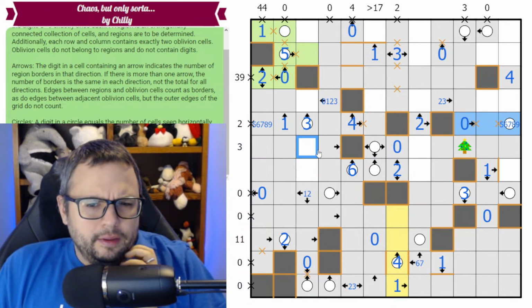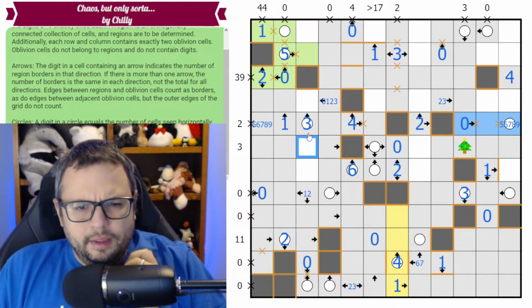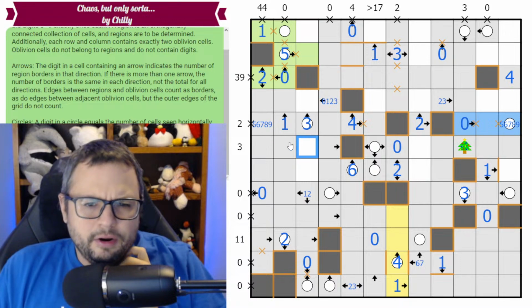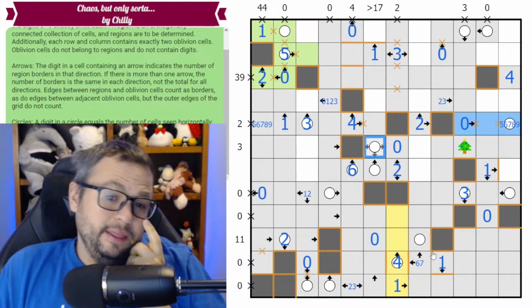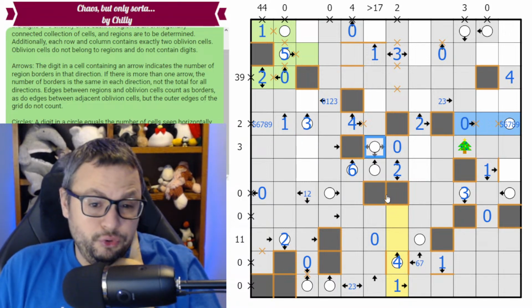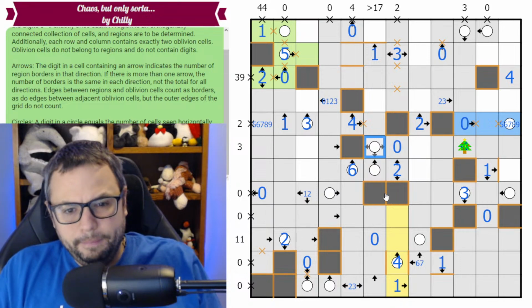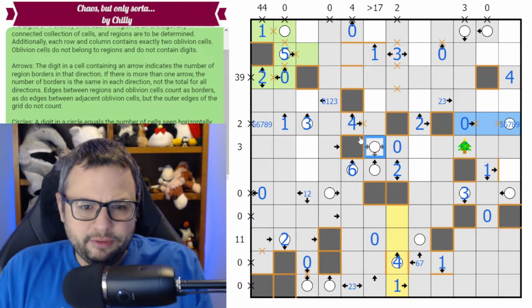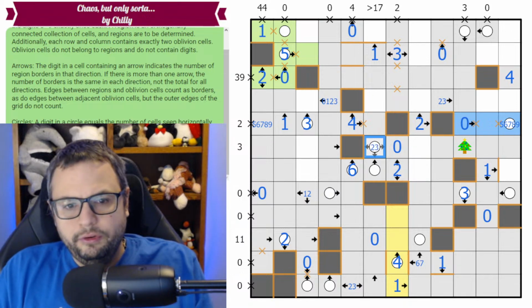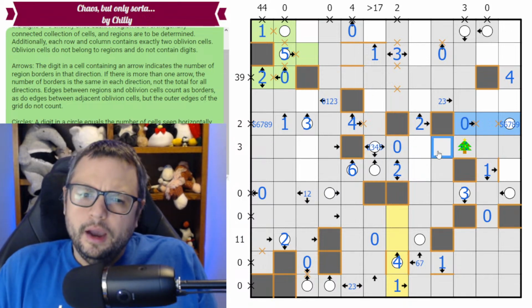Okay, so being encouraged to look at this, given that this cell is at least 2. What is the maximum? It could be 2, 3, 4, 5. This is 2, 3, 4, 5.